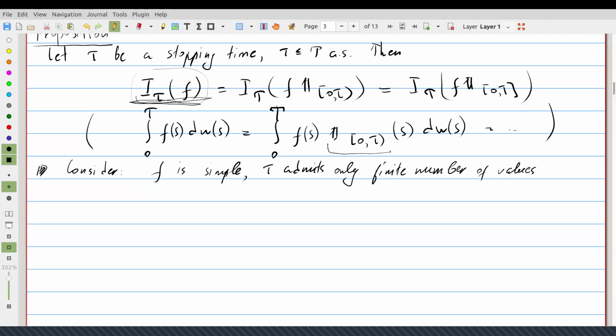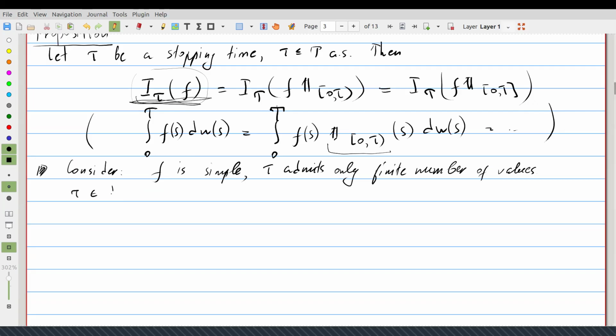Why? Because we know that every stopping time can be approximated from above by a sequence of discrete stopping times, and we know that every square integrable function can be approximated with simple functions. So if we prove this for this case, we can pass to the limit in proper senses.